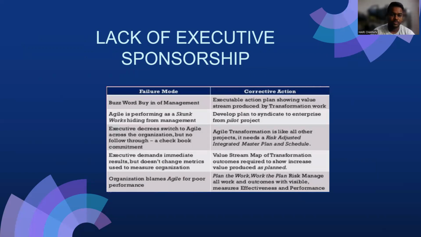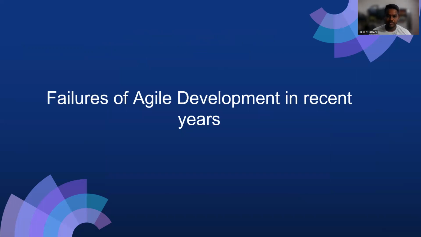We can also see in the failure modes that agile is performing as a strength while hiding from management, and some of the corrective actions are to develop a plan to syndicate to the enterprise from pilot projects. Pilot projects are nothing but automated projects, in other words. In the failure modes, we can see the executive demands immediate results, but in the corrective actions we cannot see that.